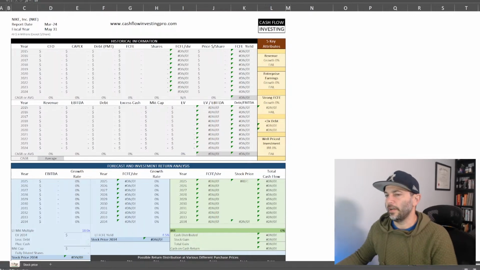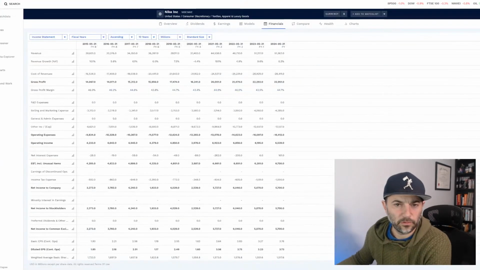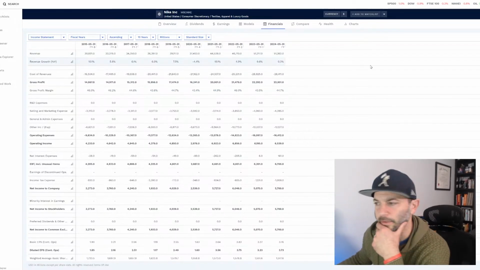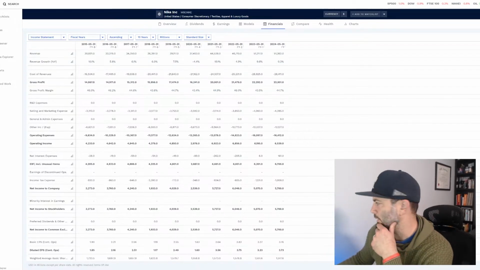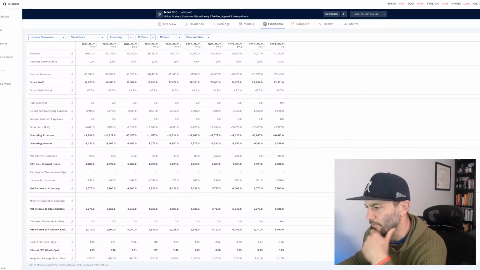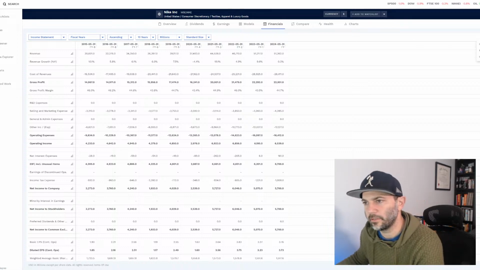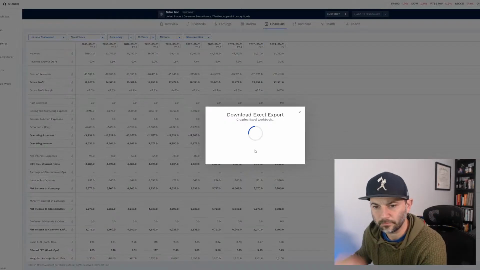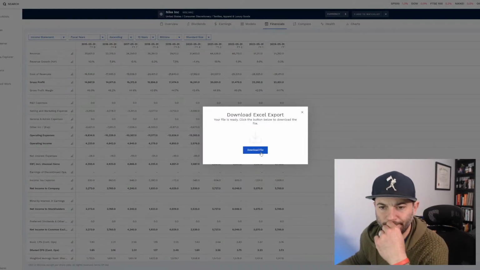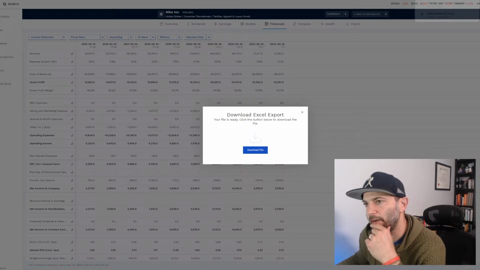Let's go get some financials first. So I got Nike up here. What I'm going to do is get some cash flow pages for this. Financials, let's export this. This is the income statement. Let's take the Excel. Open up the file.